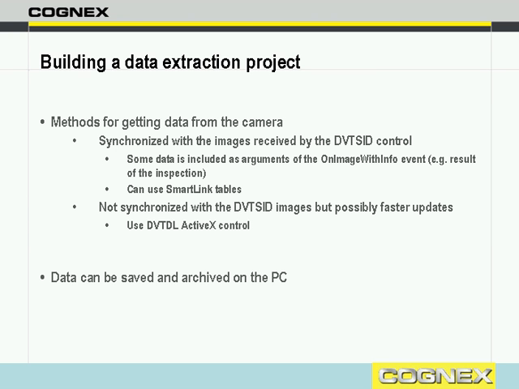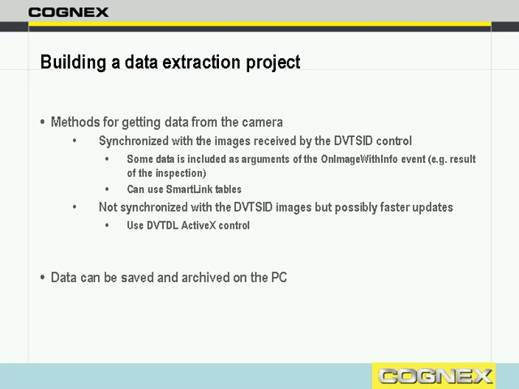So the data that you get in terms of inspection results, for example, through the on-image with info, or the data that you get within the SmartLink tables, that data is synchronized with that image that you're receiving at that point.